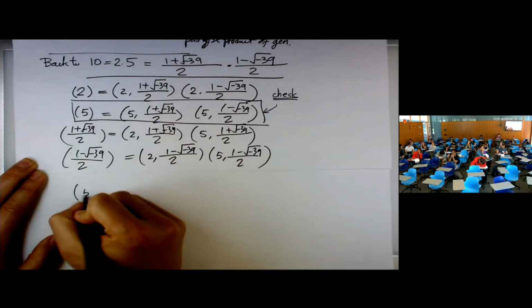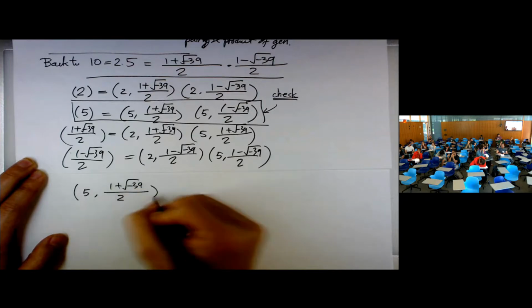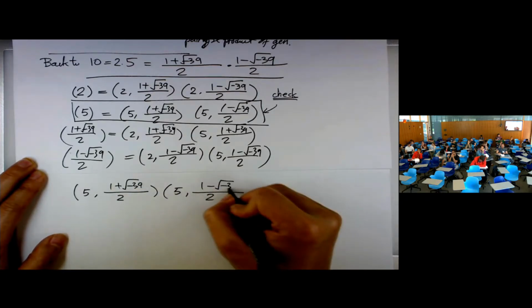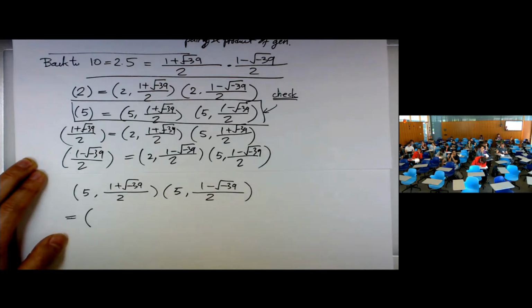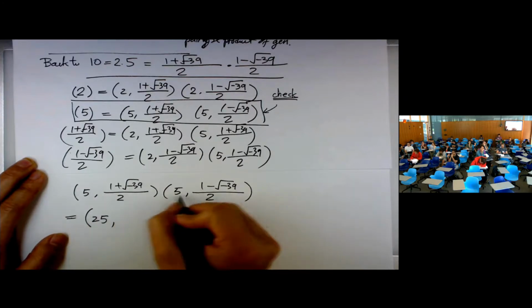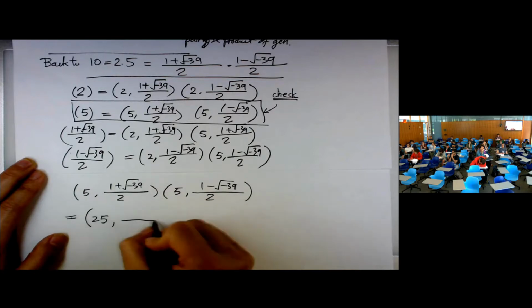So what do I have? I have 5. So I need to take pairwise products of these generators. I have 25 here. I have 5 times 5 is 25. 5 times this factor is 5 minus 5.